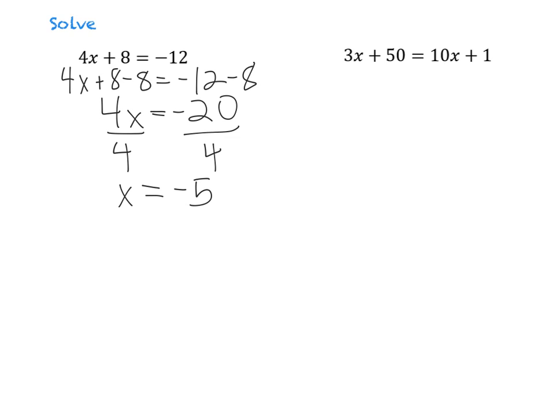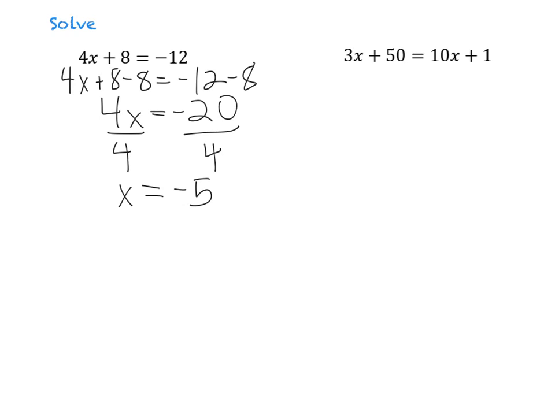Alright, this next example here on the right is a little more complicated. And in this case, you have variables on both sides of the equation. Now, the idea still is to isolate x, and so to do that, you're going to have to move all of the variables to one side of the equation and all of the numbers to the other side of the equation.